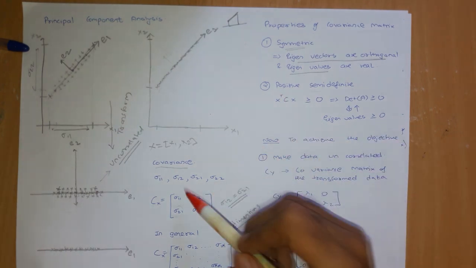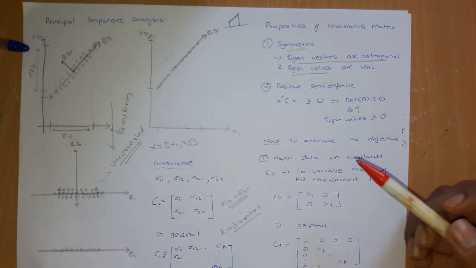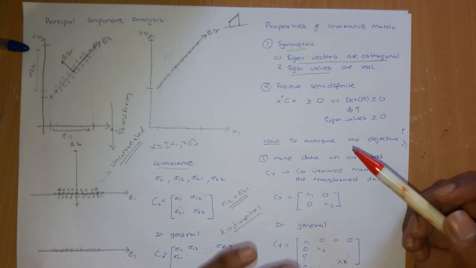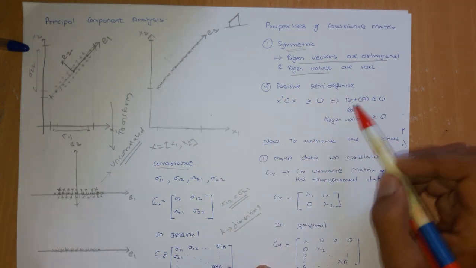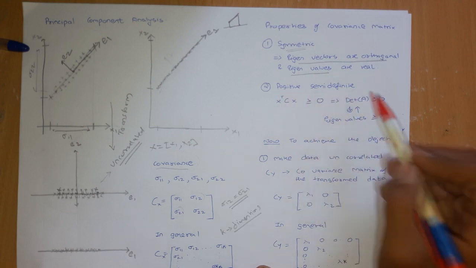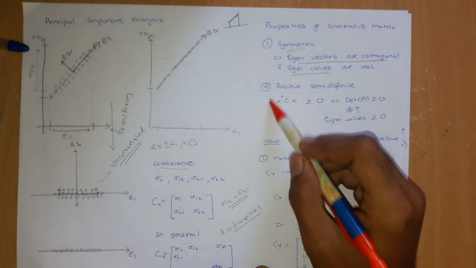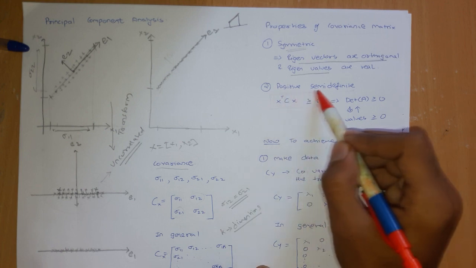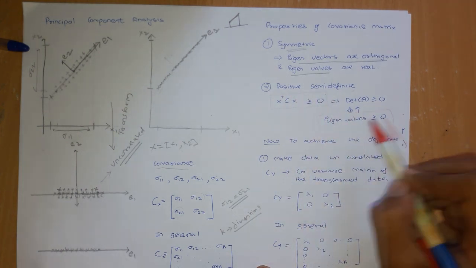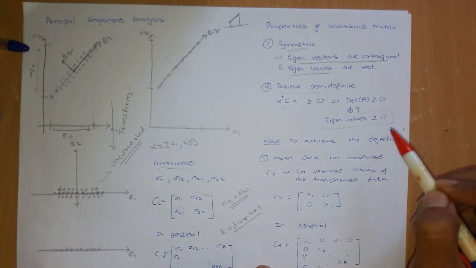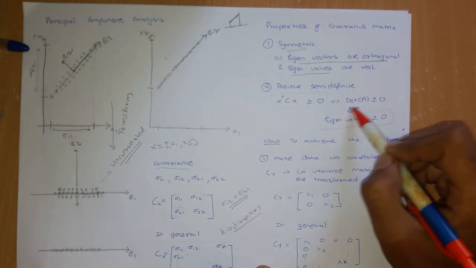For any covariance matrix, of any random vector, the covariance matrix will always be positive semi-definite, which means that this condition will be true. This also means that the eigenvalues will be positive and the determinant will be positive.